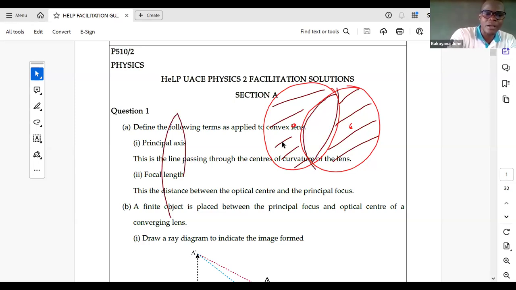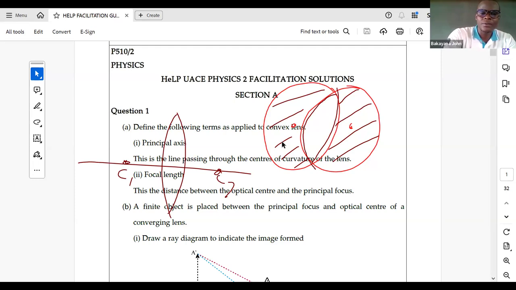So a lens happens to have two centers. Each center comes from the two sides of the circle. The line joining the two centers, C1 and C2, is what we call the principal axis. Is that okay?